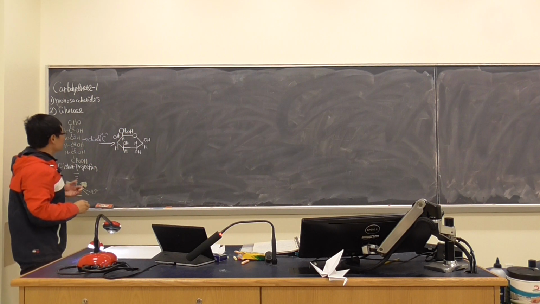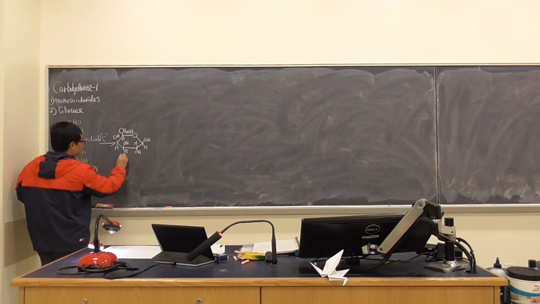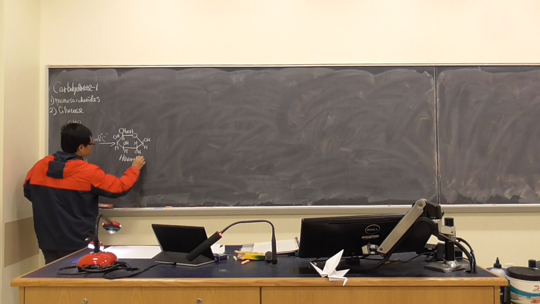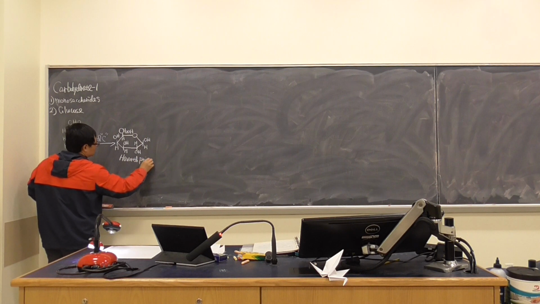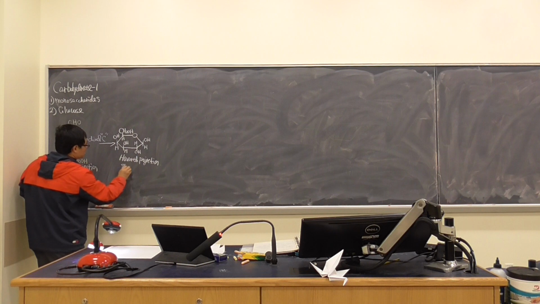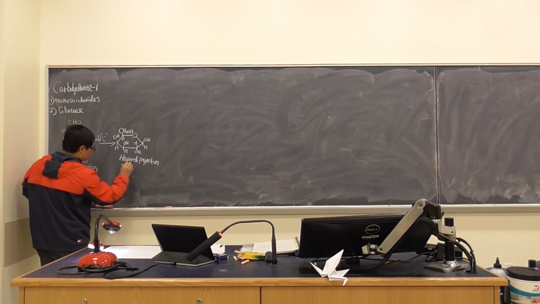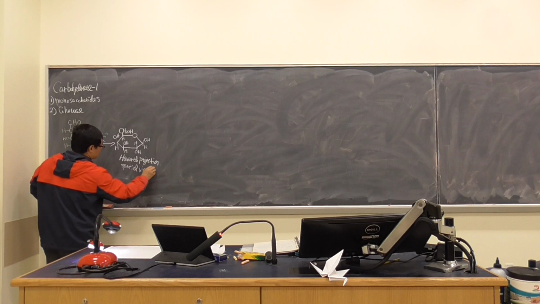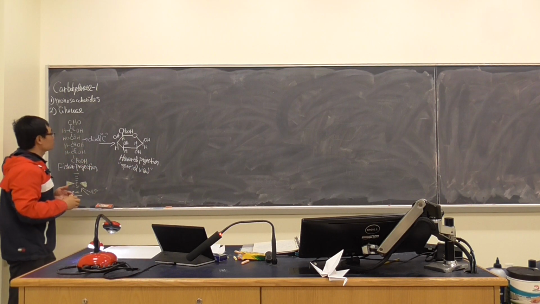This configuration we call a Haworth projection. In the Haworth projection, we can see the spatial view, because we can see the structure there.